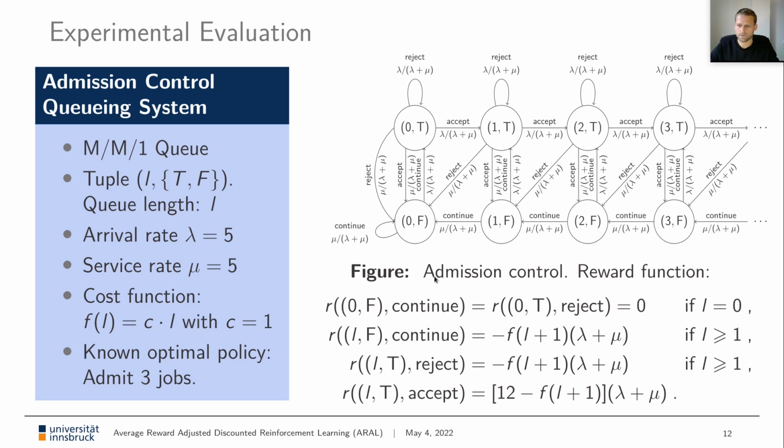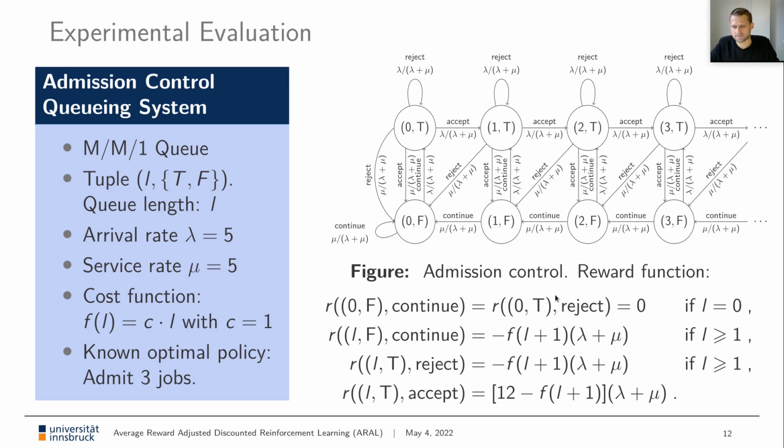Then we have the reward function given here, where we see that once we accept an order we receive a reward of 12, but in every step we have to pay a cost, where the cost function is f of the queue length, defined as C times L, with C equals 1. So the queue length defines how much we have to pay in each step.